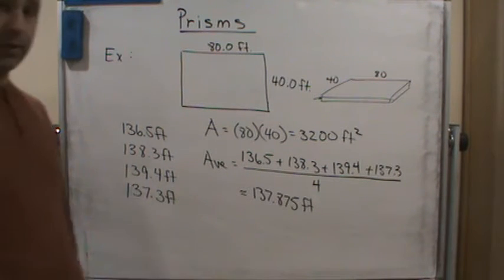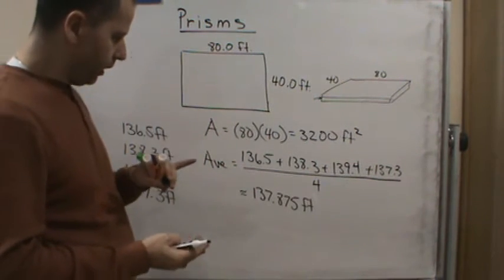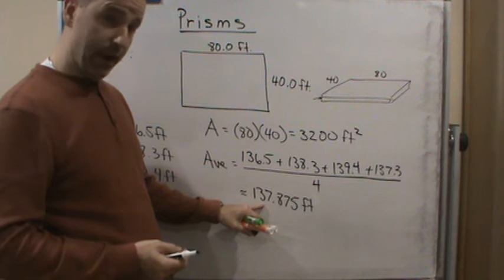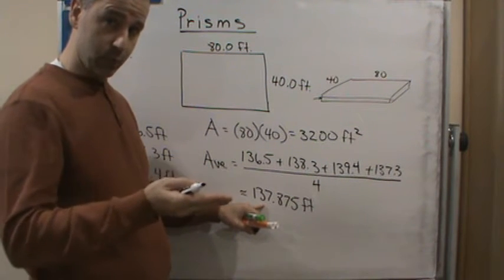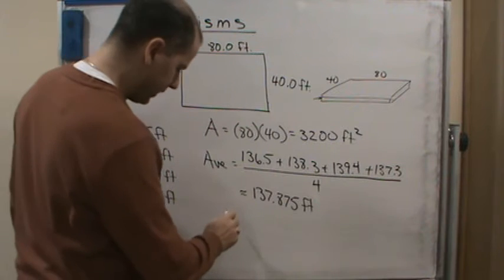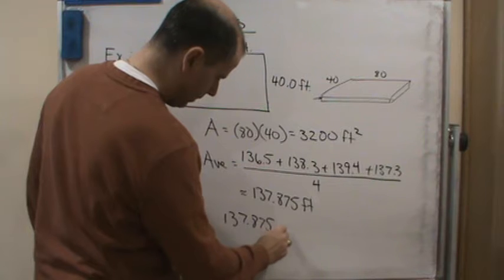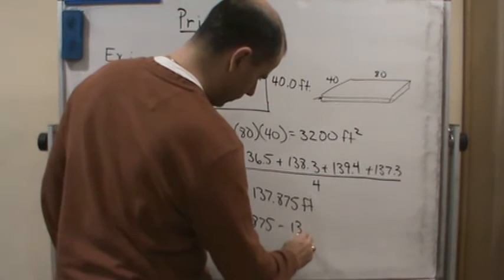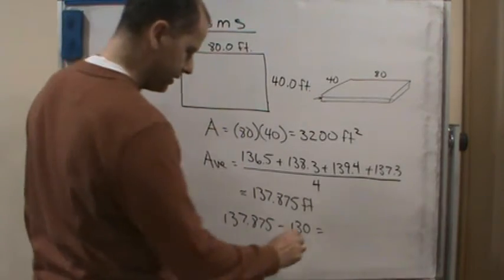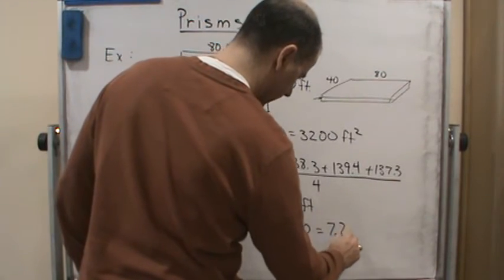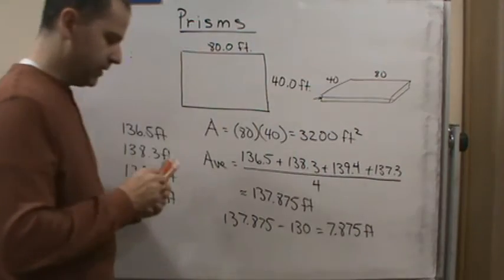Now we want to take that average and subtract 130. We want to find the difference between this average elevation for this plot of land and what the benchmark is, what they want, which is 130. So if we take 137.875 and subtract off 130 feet, that gives us 7.875 feet of difference.